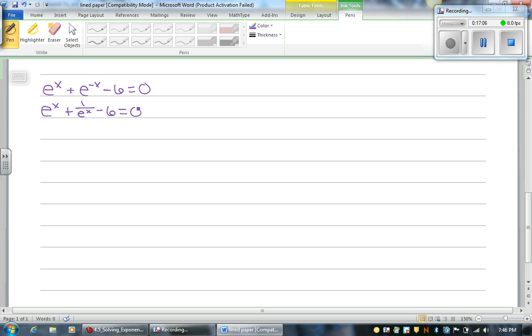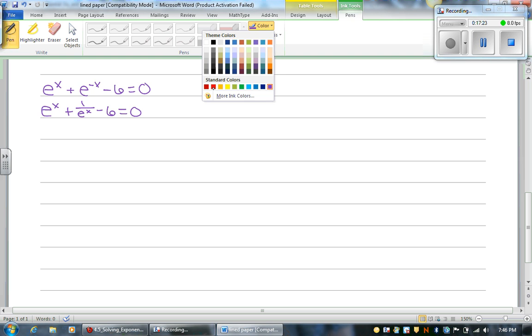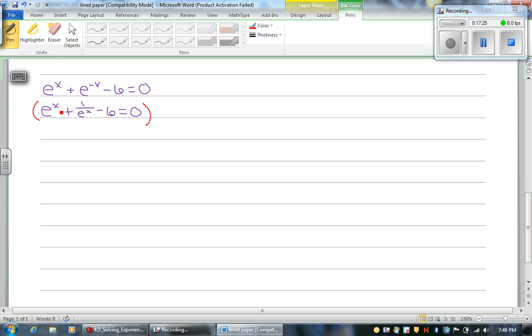Okay, so what I can do next, because now I don't like this piece, is I can take it and multiply both sides by e to the x to kind of clear that fraction. Okay.